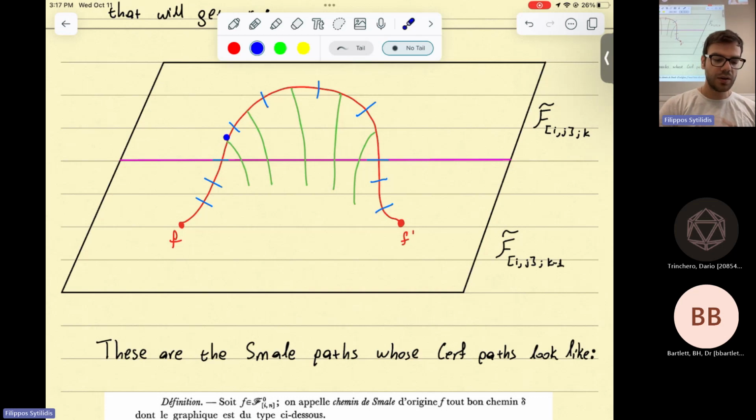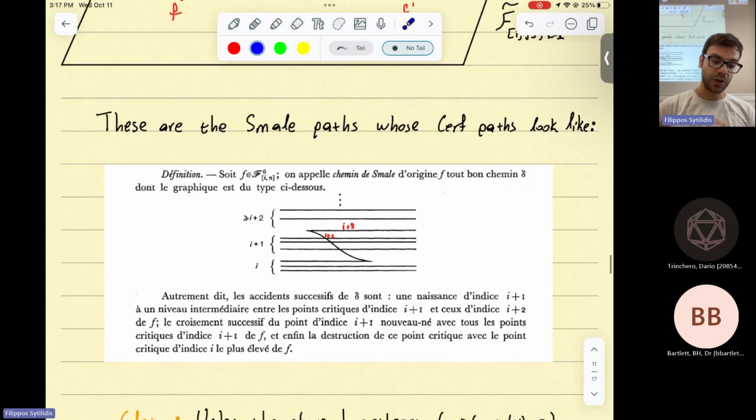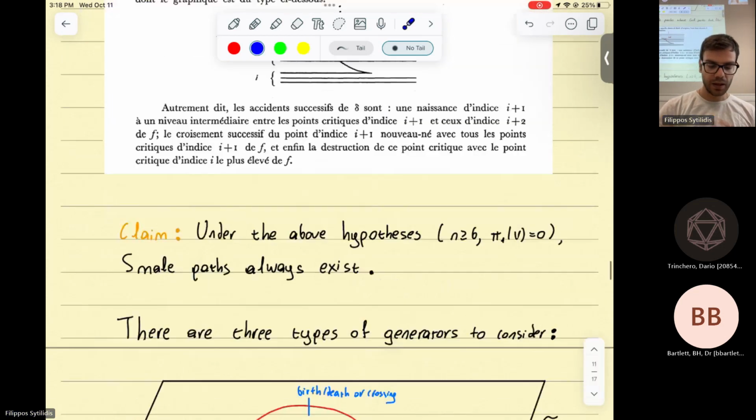When we are here, it means that we have an extra index i critical point, and we want to go to something that doesn't have this extra index i critical point. So we are going to interchange it with an index i plus 2 critical point. That's what the Smale paths do.